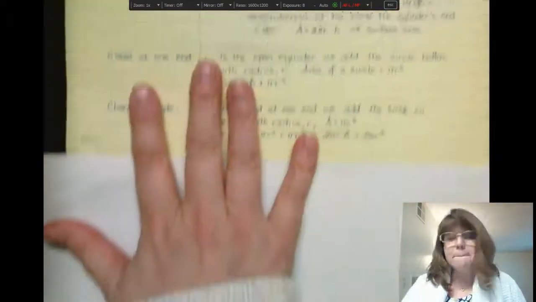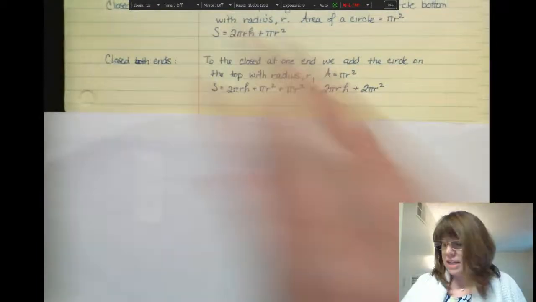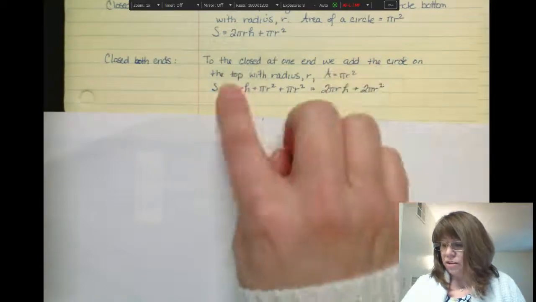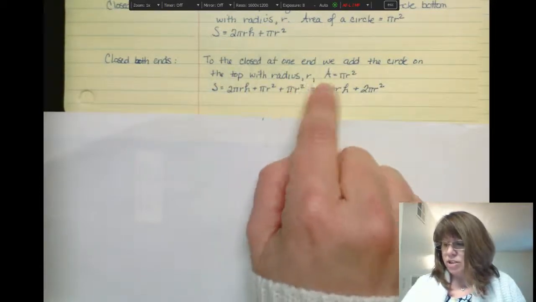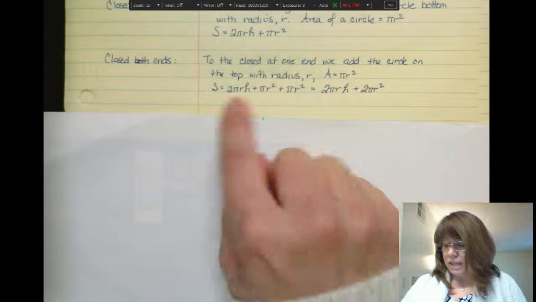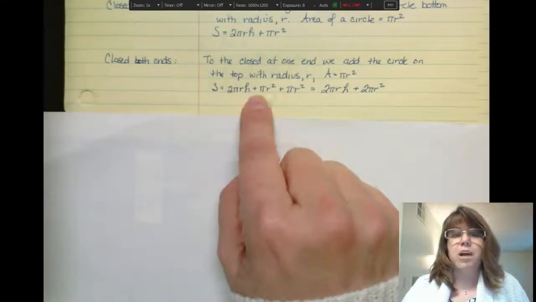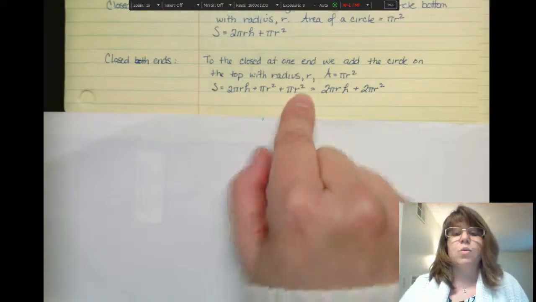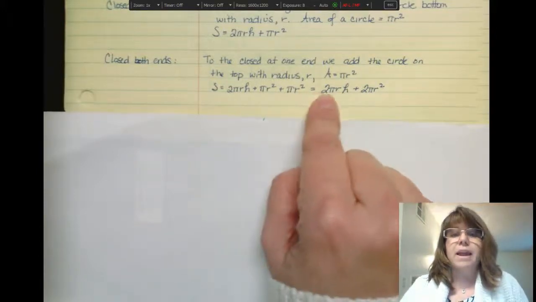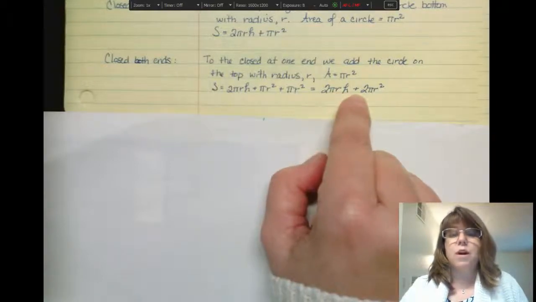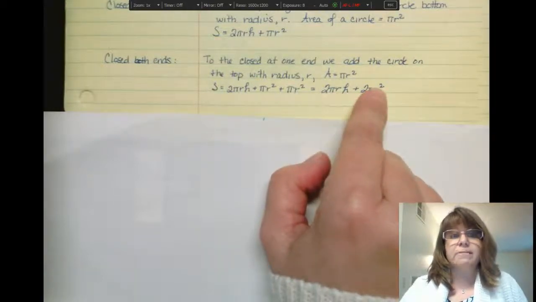And then closed at both ends, we just take what we know about closed at one end and add a circle at the top with the radius of r, which is pi r squared. So again, surface area is 2 pi r h plus 2 pi r squared.